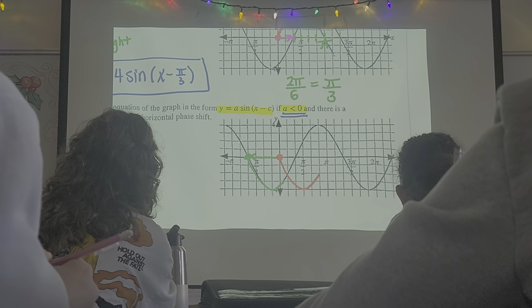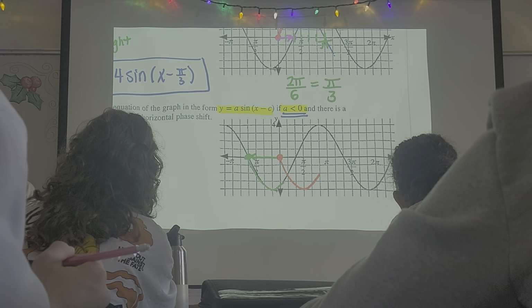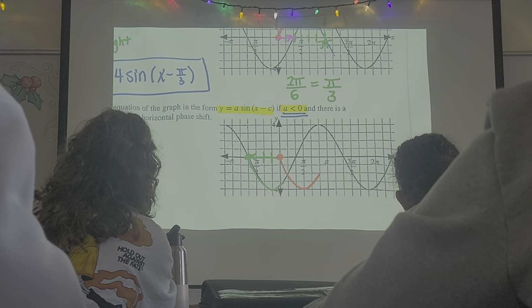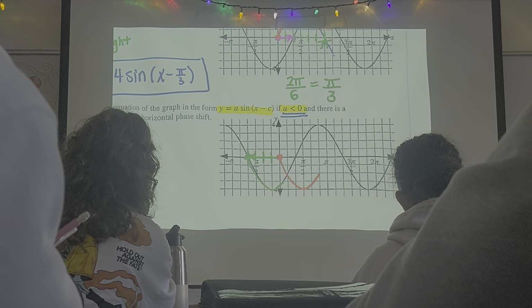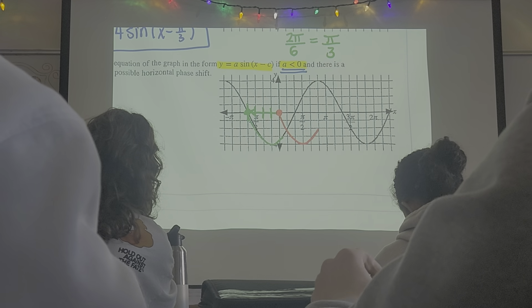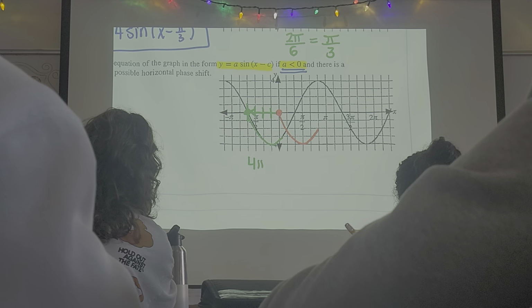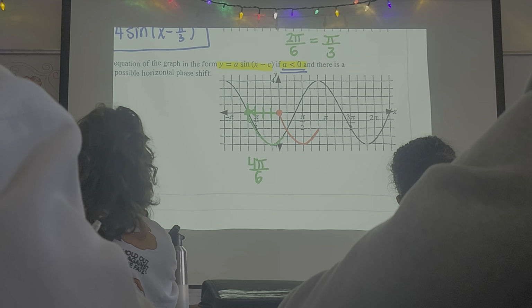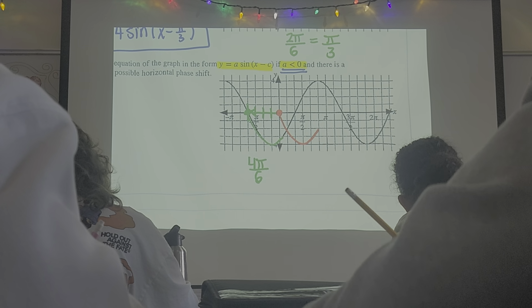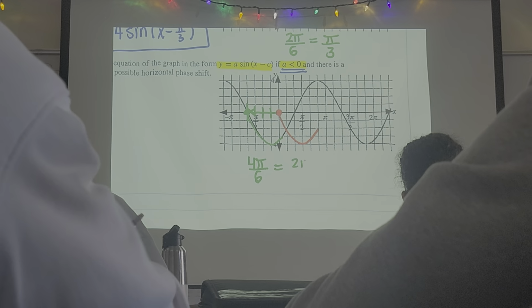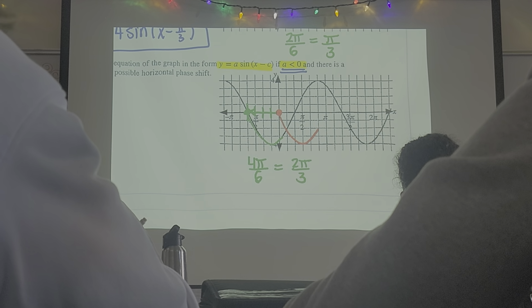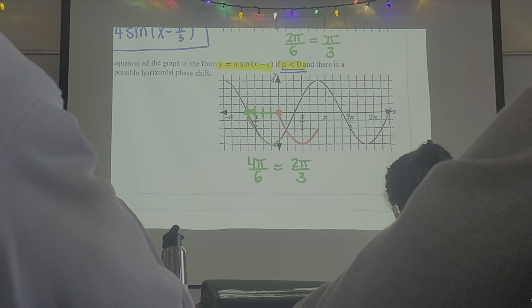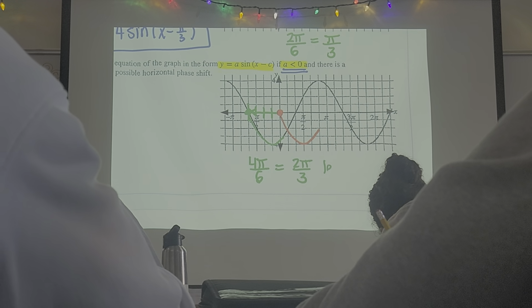How far has it moved? 1, 2, 3, 4 units. So it moved the 4 units. It's moved 4 pi out of the 6, which is 2 pi over 3, reduces. So I went 2 pi over 3 to the left.